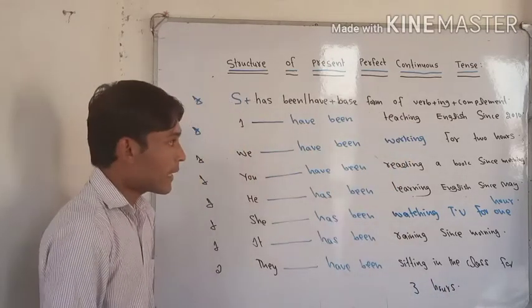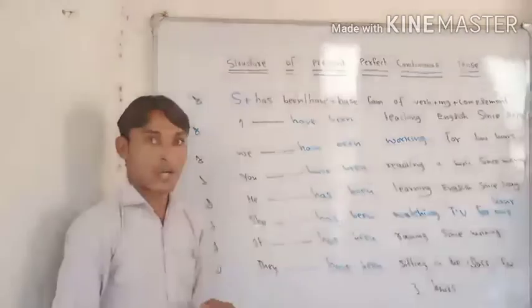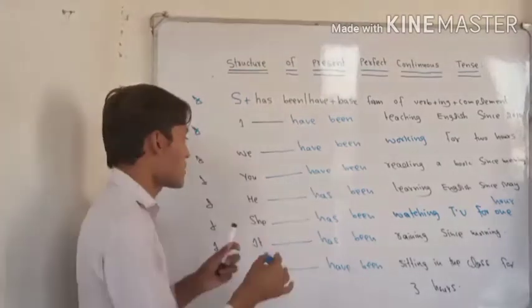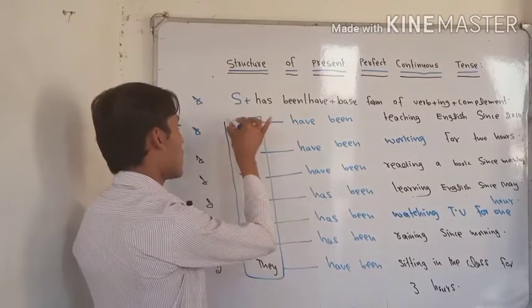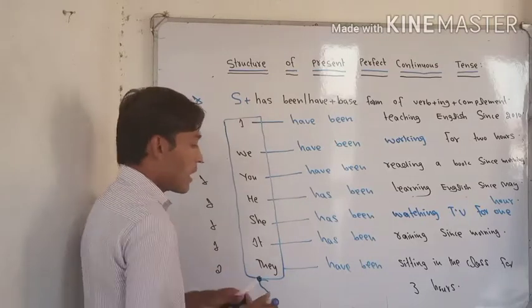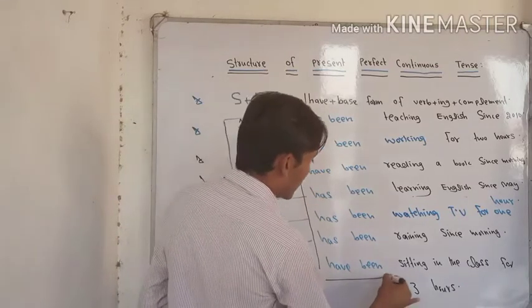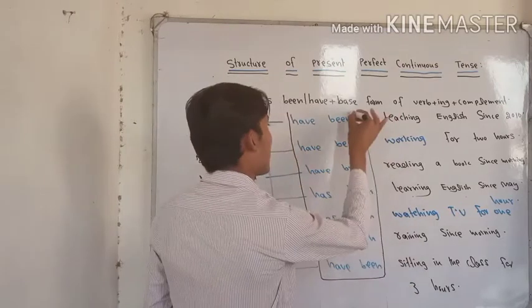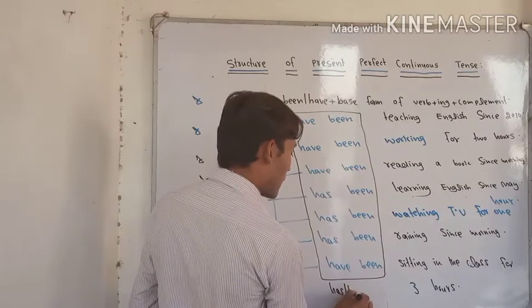Now look at here, all these examples follow this formula. This formula includes a subject, so these are called subject pronouns. And next one is, these are called has or have been.